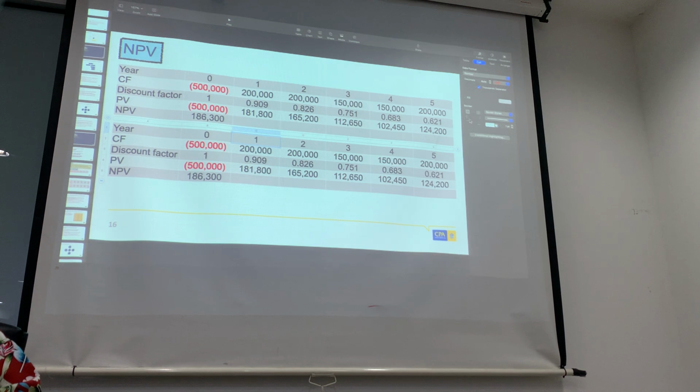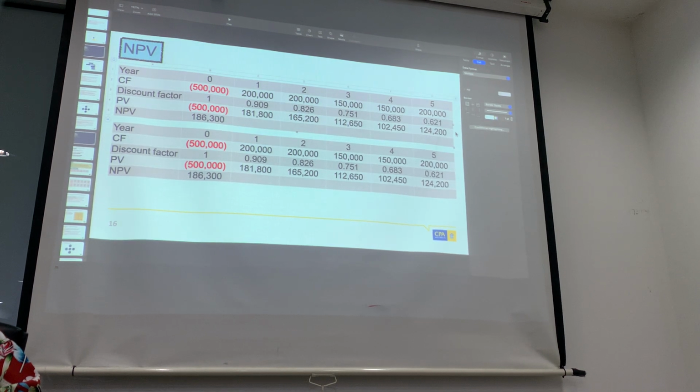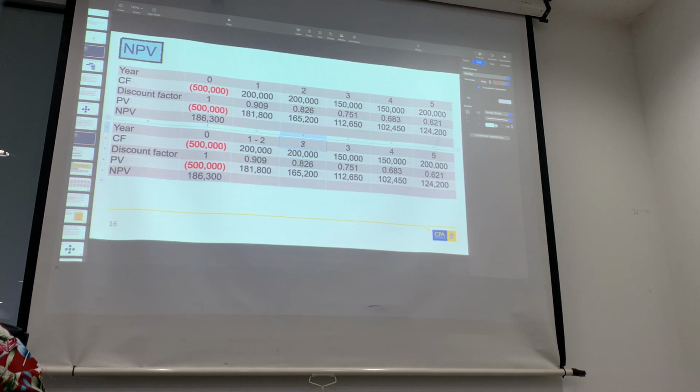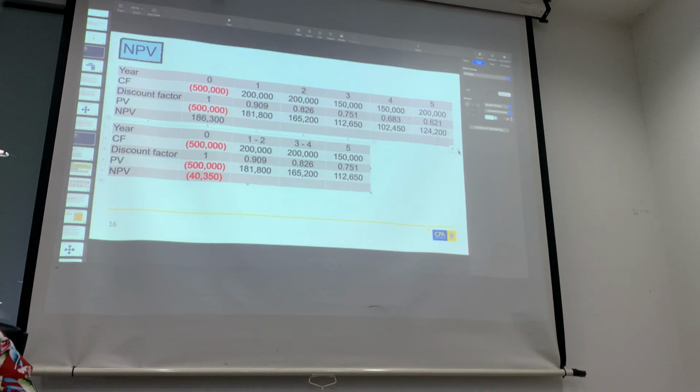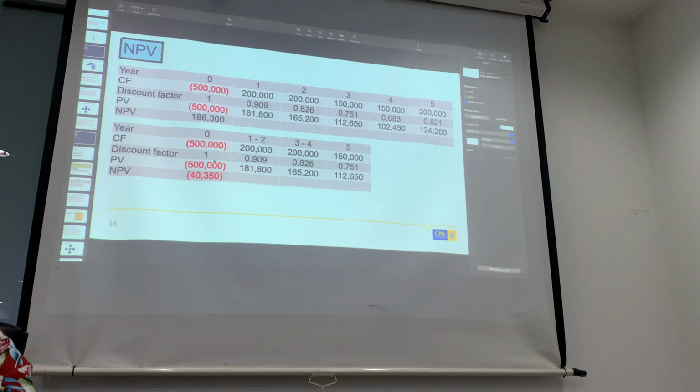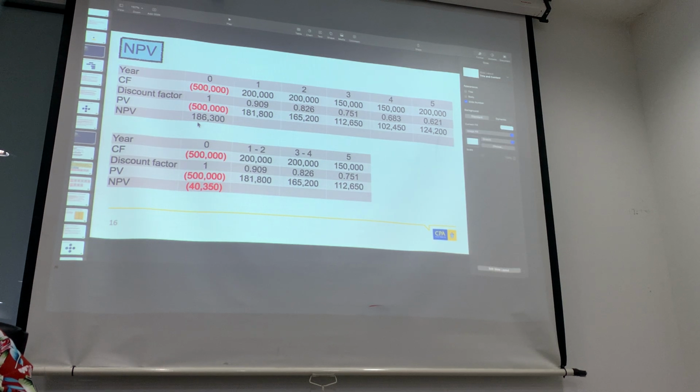Add everything together. This is another calculation.